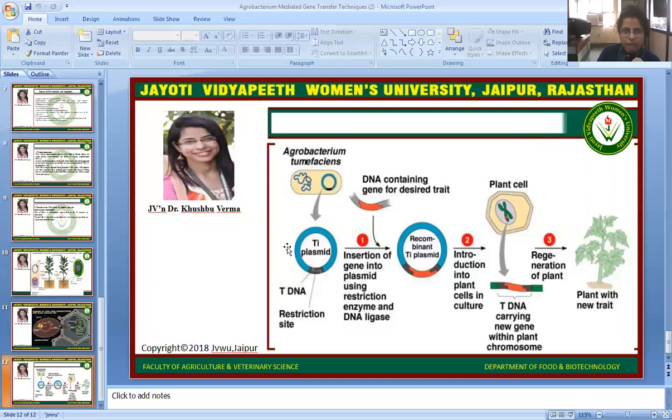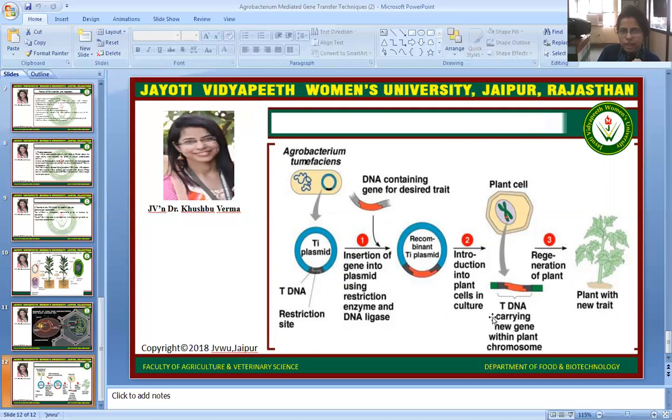Agrobacterium Ti plasmid has restriction sites, so for insertion of a gene into the plasmid we use restriction enzymes and DNA ligase to ligate the target DNA into the Ti plasmid and make a recombinant Ti plasmid. Then we introduce this recombinant Ti plasmid into plant cell culture, and the recombinant Ti plasmid will transfer the gene of interest into the plant cell.